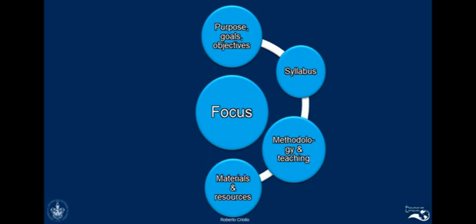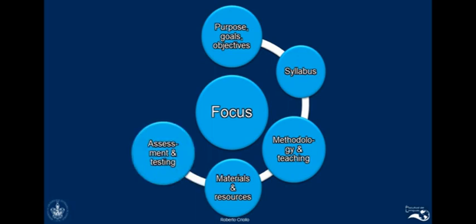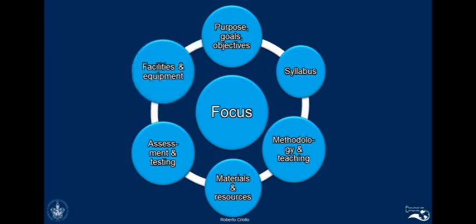We'll probably want to take a look at the materials and the resources that are being used for teaching. Sometimes the focus can be on the assessment and testing and see how the outcomes, the objectives of the program are being attained. And finally, we can focus on the facilities or the equipment or the program, which also play a very important role in curriculum implementation.